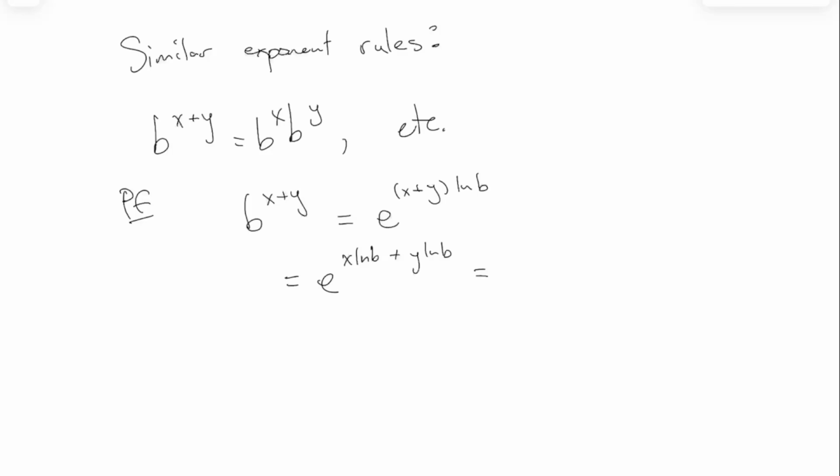We do e to the x ln b times e to the y ln b, right? That's our rule about e: if there's a sum inside the exponent, you can split it up like that. And then what can I do? What is e to the x ln b?